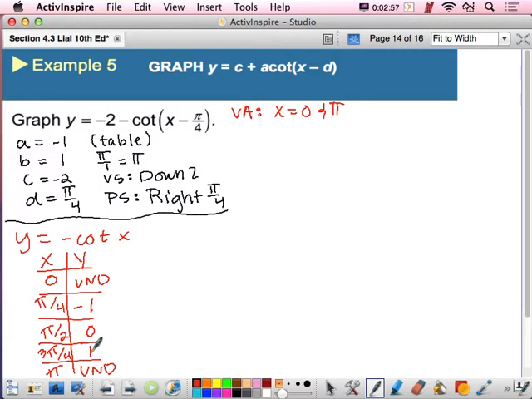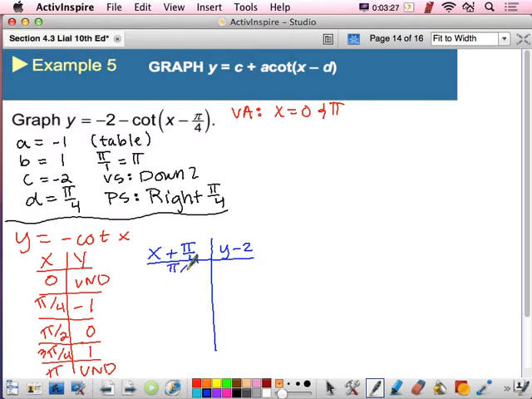There's your unshifted table. You now have to shift that table, just like you did with sine and cosine. Shifts are done the same way no matter what. So this will be x plus pi over 4, and the y's will be y minus 2. It is not that bad, although I don't like doing it either. Okay, here we go. What's 0 plus pi over 4? Pi over 4.